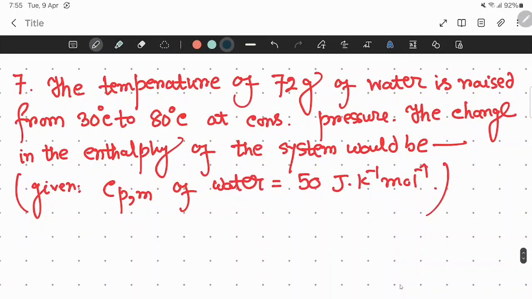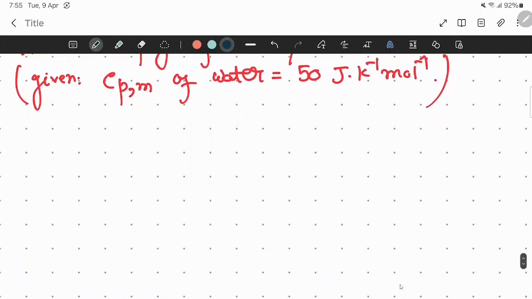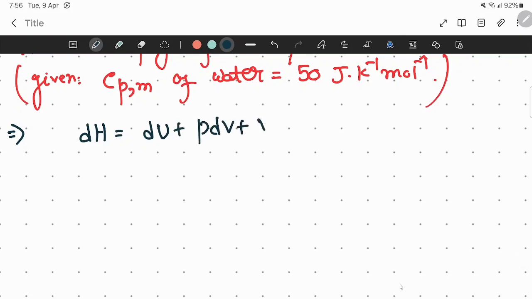Okay, so we have 72 gram of water at 30 degree. Now we are increasing the temperature to 80 degree, keeping pressure constant. The change in the enthalpy you have to calculate. Okay, so how can we do that? dH equals dU plus pdV plus Vdp, correct?